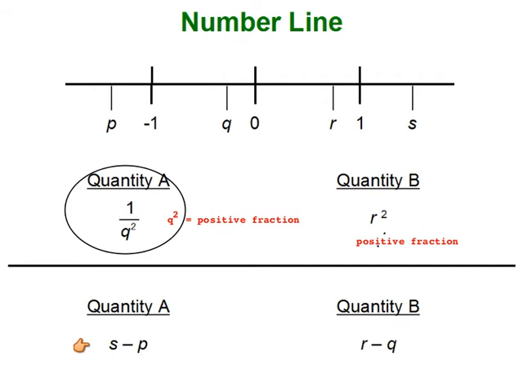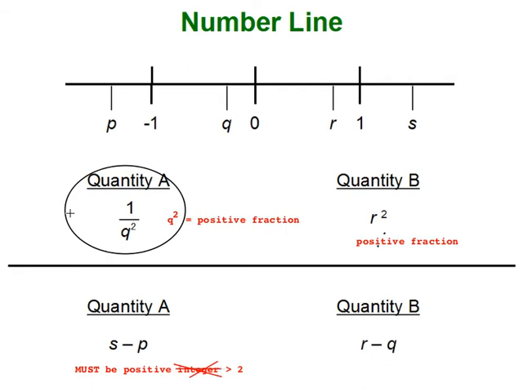Do we know anything else about it? We don't know whether it's going to be an integer or not. We do know that since p has to be less than -1 and s has to be greater than 1, that whatever this total is, it's going to be greater than +2, no matter what. It actually doesn't have to be an integer. This is incorrect. I just think it's smart to think of it as being an integer.